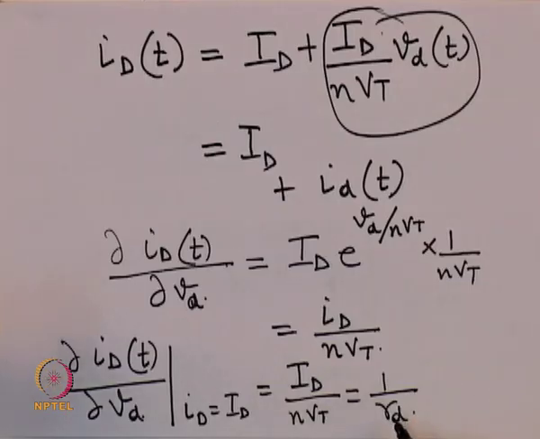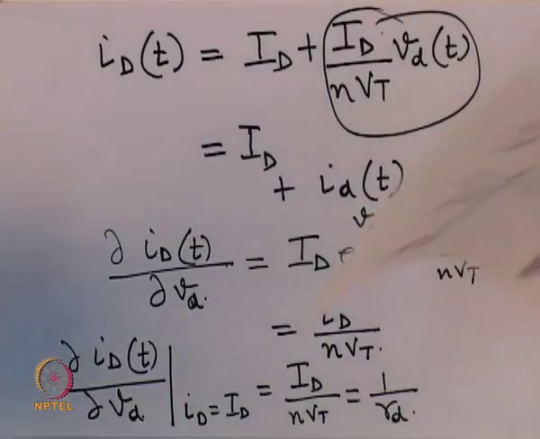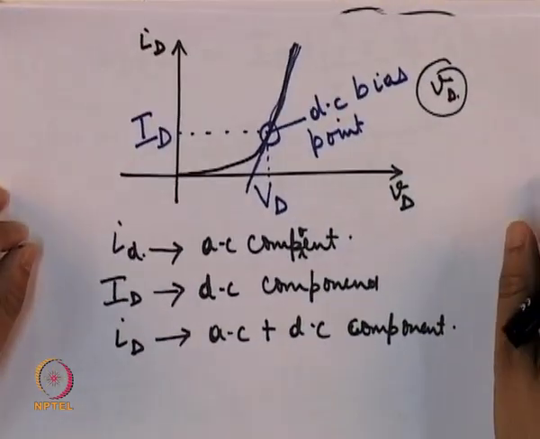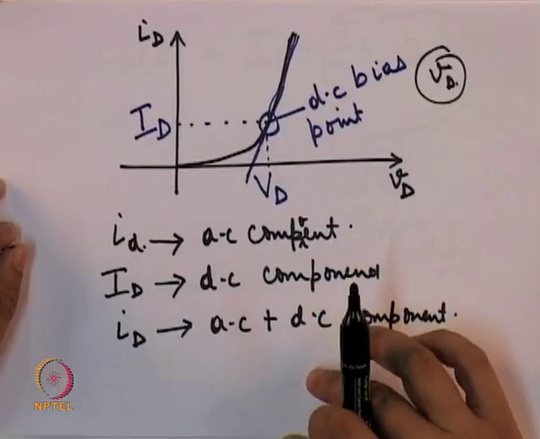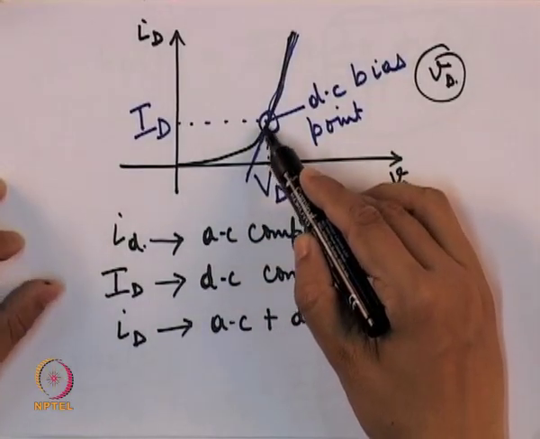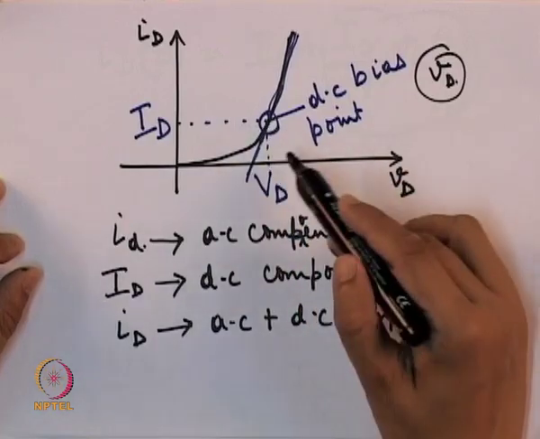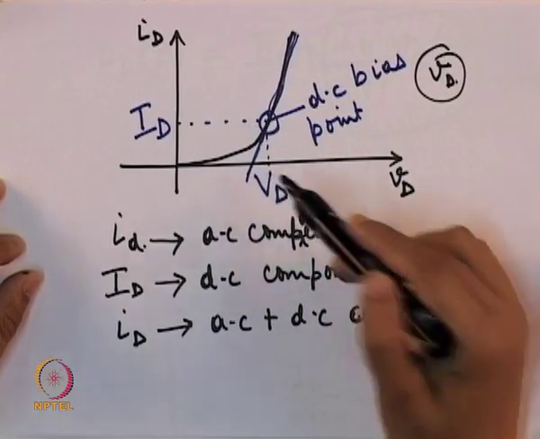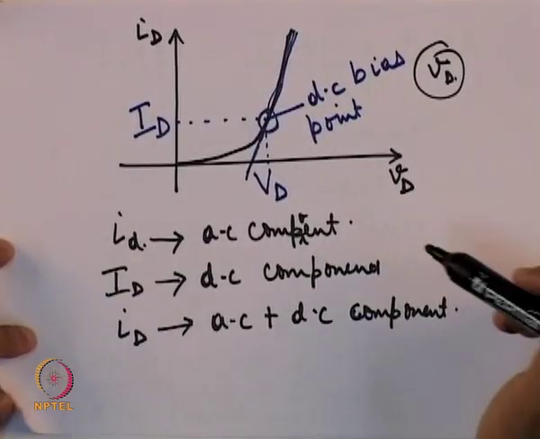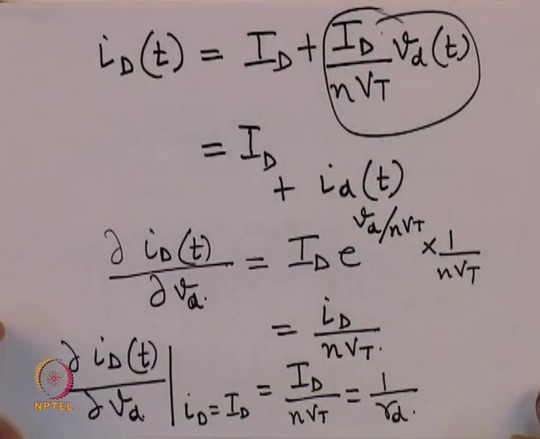The AC resistance is the instantaneous or the dynamic resistance offered by the diode to any variation in voltage. So, the small change in the current about the bias point due to a small change in the voltage about the bias point is controlled by this R d.